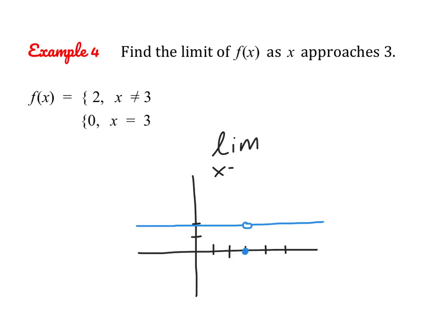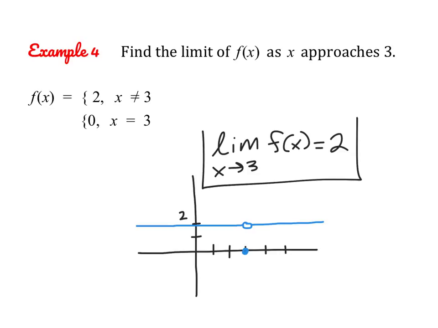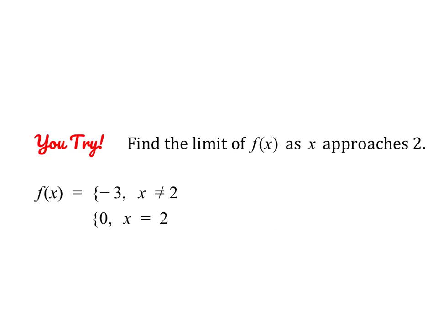Our limit as x approaches 3 of f of x equals 2, which is this value right here. Remember, it doesn't actually matter what is happening at 3. I want to know what's happening as it approaches 3, and the y values are always going to be 2.